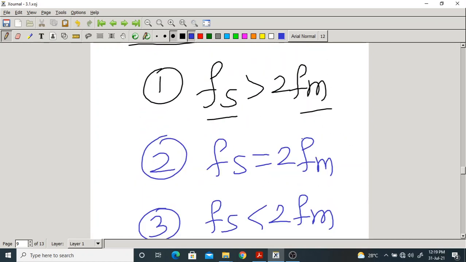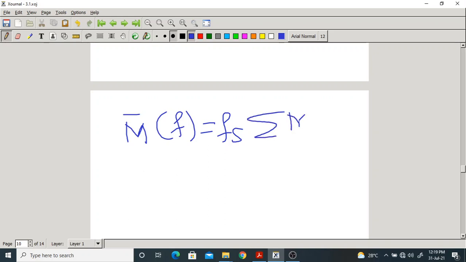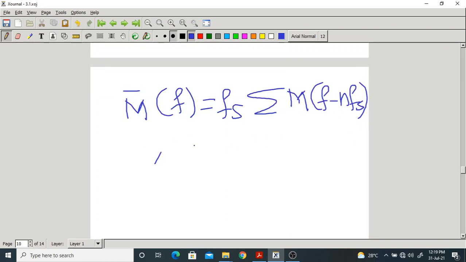Now case 1. Whenever Fs is more than 2fm, what will happen? First of all, what is the M overline of f expression? That is Fs summation M of f minus nFs. Now draw this by assuming Fs is more than 2fm.